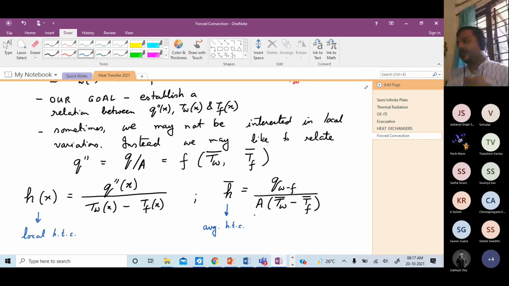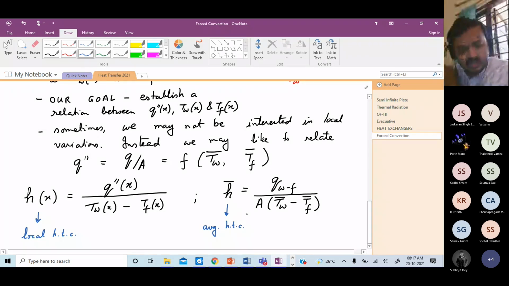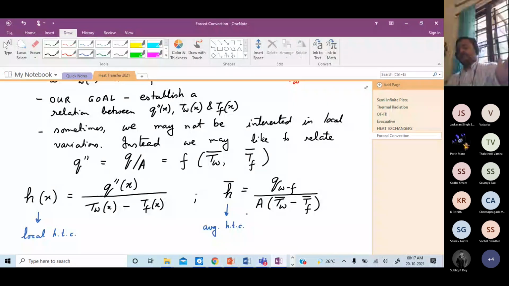In most of the problems that we have studied so far that involve convection, an h value was given to you, it was the average heat transfer coefficient. But heat transfer coefficient can also vary locally, and we will see that very soon.